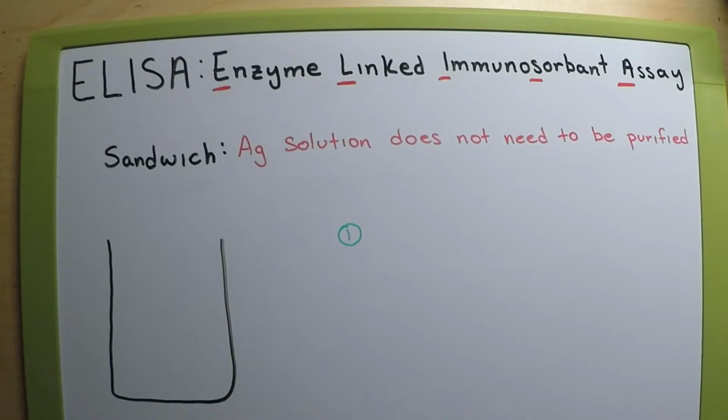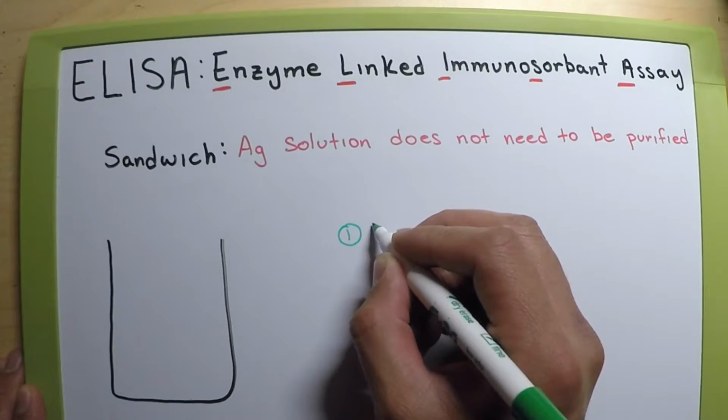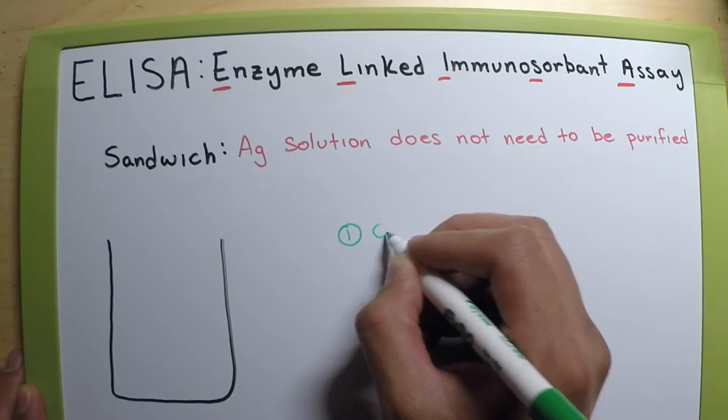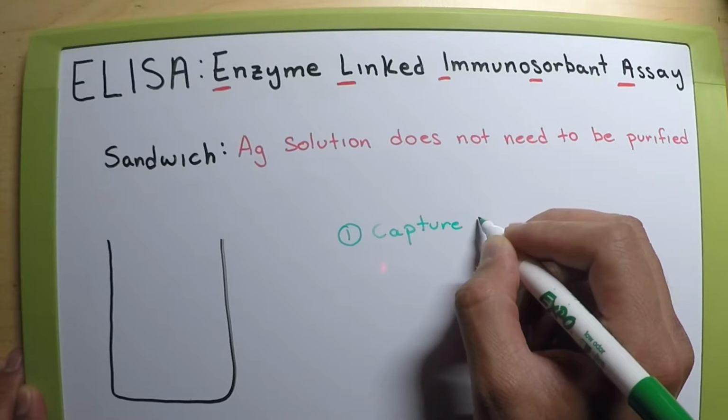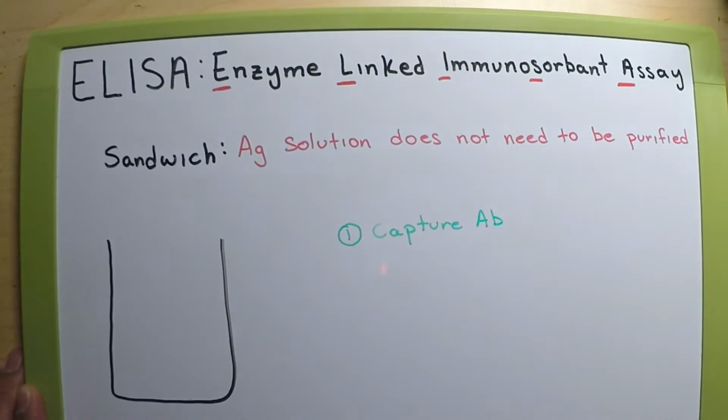It's going to be a little bit different, where the first thing that we're going to actually add is the antibody. And this is called the capture antibody, which will be the one to stick to the wells.